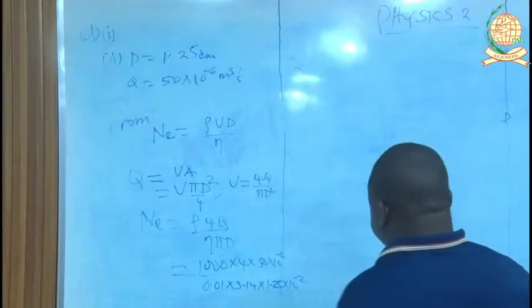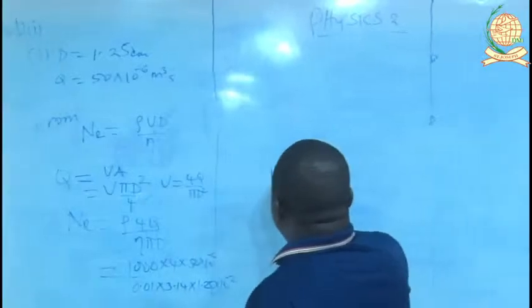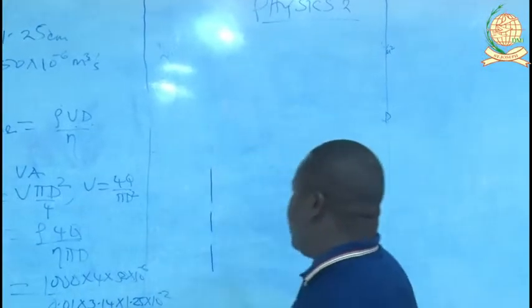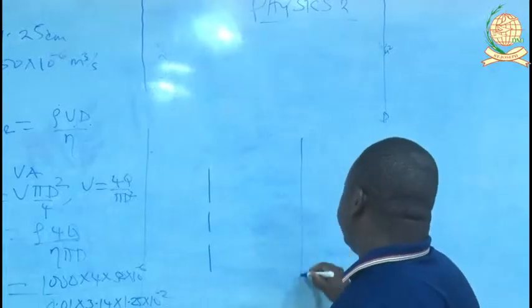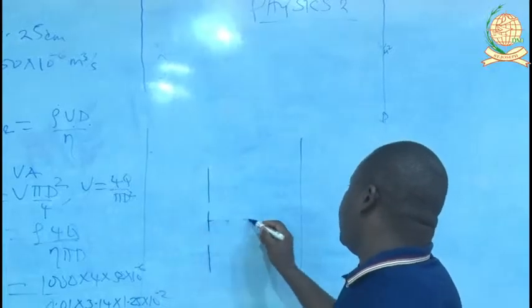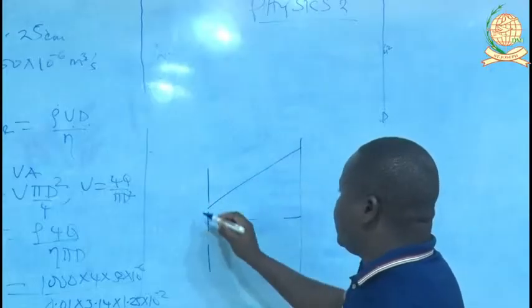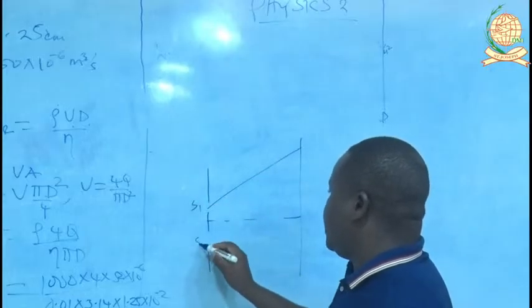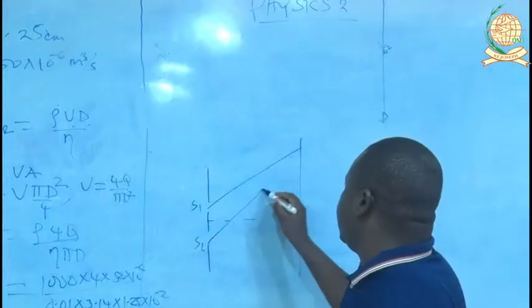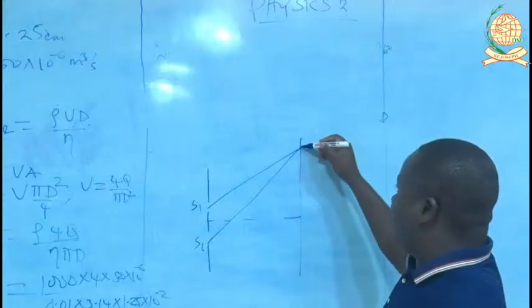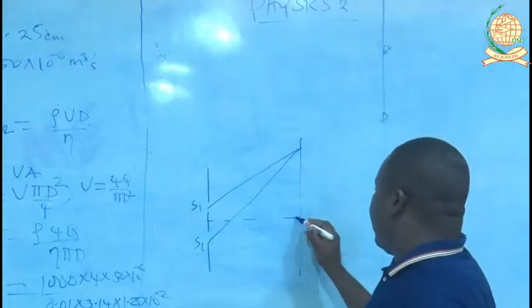So this is the first slit, this is the second, and this is the screen. There is a ray from slit 1 and a ray from slit 2. They meet there, and after meeting, they interfere.